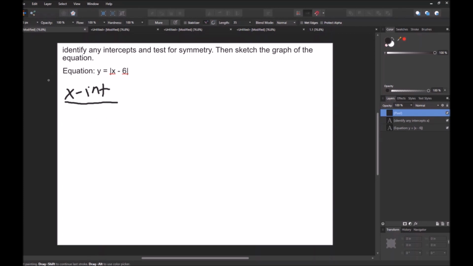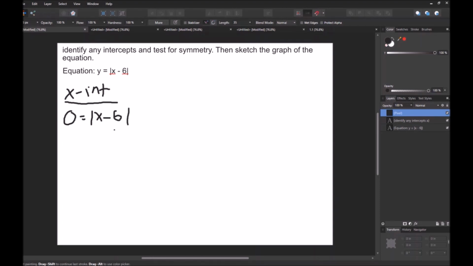So recall that in order to find the x-intercept, you just plug in 0 for y, because we're finding the ordered pair on the graph where it's a number for x and then 0 for y. The value for x, though, will vary depending on the equation. So we're going to start off with 0 equals the absolute value of x minus 6.